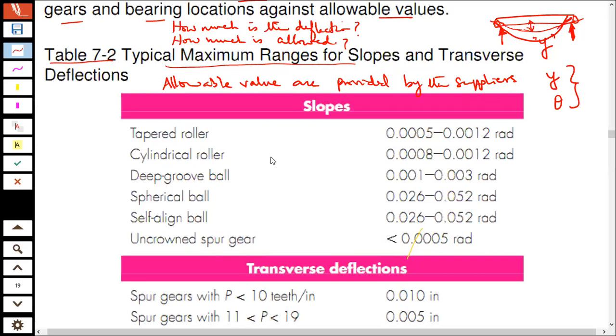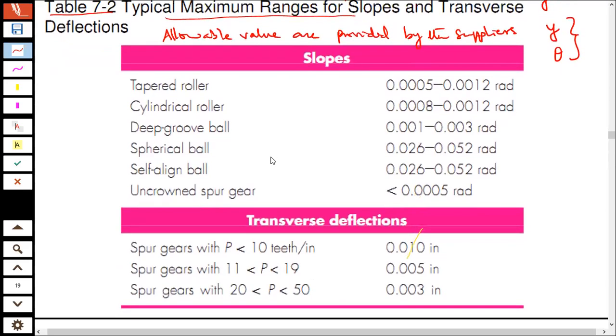So these are from manufacturers. For example, if you are using a tapered roller bearing, the slope at that location should not exceed 0.0005. Well, it should be between the ranges 0.0005 and 0.0012 radians.